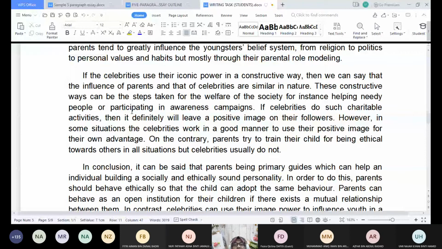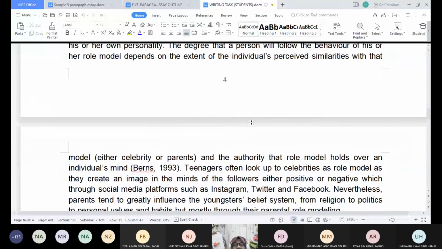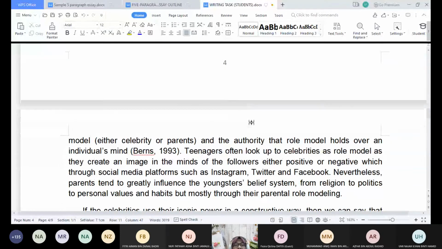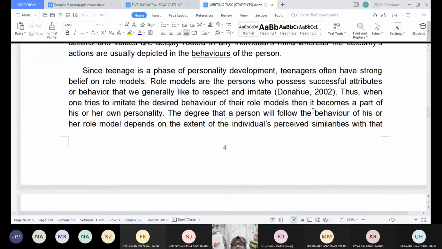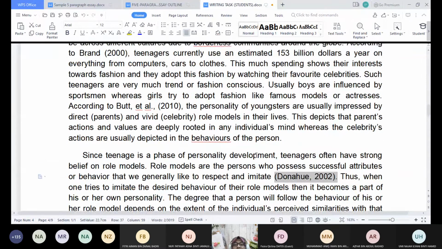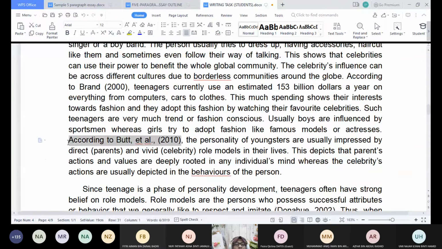You see here the reference, the article that you get. You can put it in brackets like this. So you are quoting the idea that you take from the article. But if there's no name, you see, according to Mr. A just now, the personality of youngsters, this is when you actually quote the source.